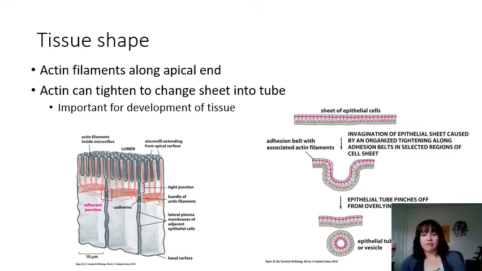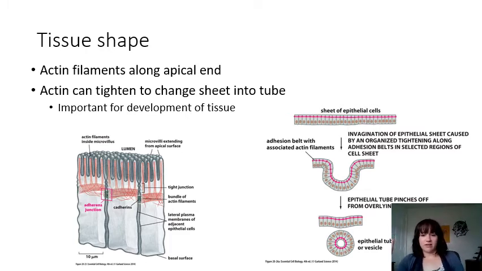So during development, we have tubes that need to be formed, right? We have different types of structures that need to be formed. And here we have an example of tube formation. And you can see that we first have a sheet of cells, and in pink you can see that actin that's along the apical side of the cell.